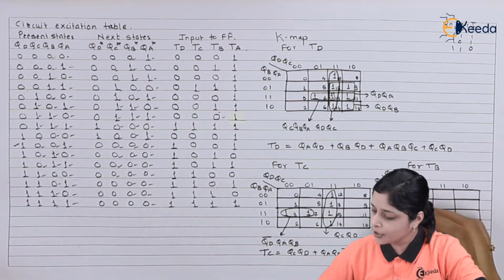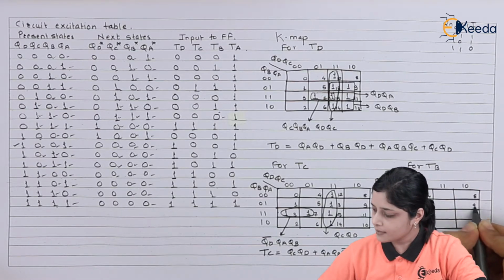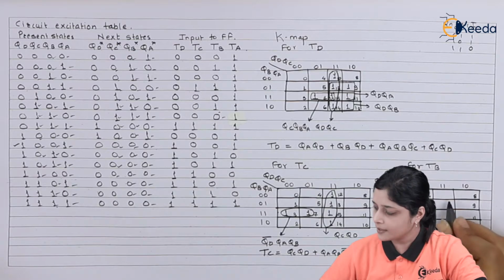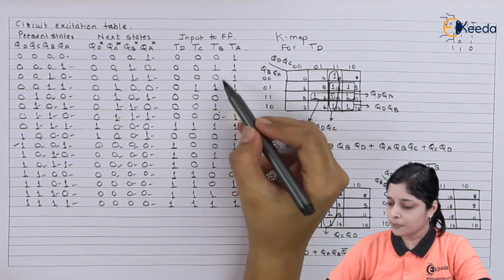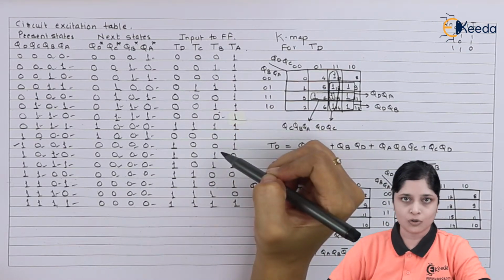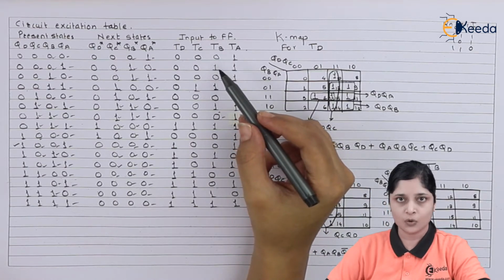After that you have to draw here what inside the boxes, labeling 0 1 2 3 4 5 6 7, 8 9 10 11 12 13 14 and finally 15 you have to write. After that you have to make entries for TB inside the boxes. So we will focus on only ones. We will ignore 0.